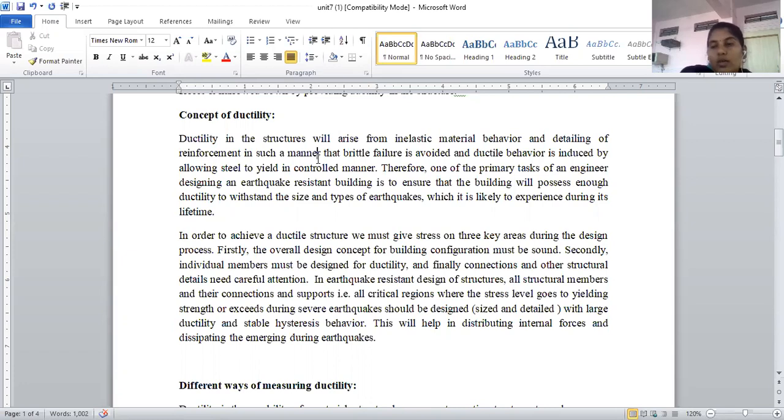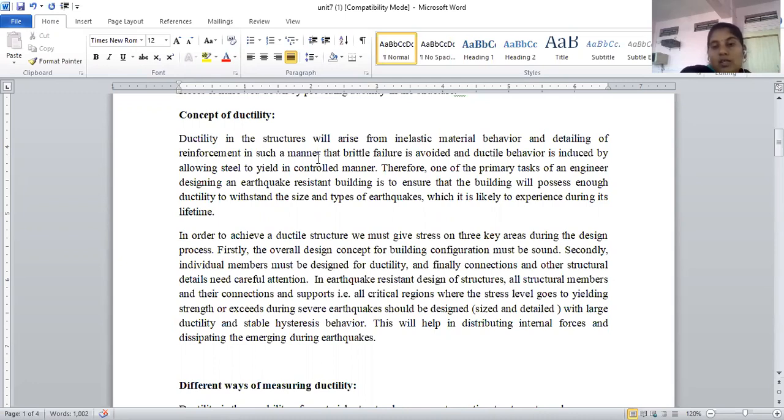But if we go towards brittle material and dynamic loads come, it will collapse and cause damage. So for that purpose we have to go for ductile behavior material. We cannot use brittle material because brittle material does not behave well during dynamic loads, during earthquake loads on structures.